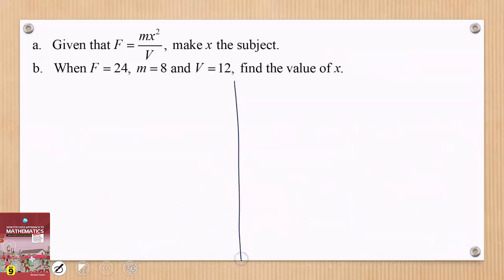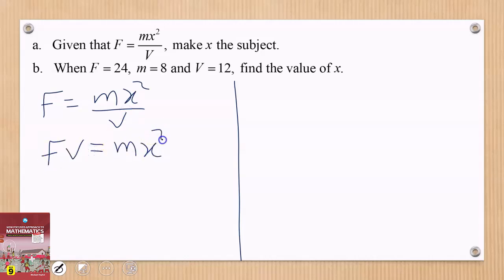In this question we have given f to be mx squared over v, make x the subject. Okay, so to make x the subject over here, we first multiply through by the LCM, and so we have fv is equals to mx squared. Now, since we want x squared, we divide both sides by m.